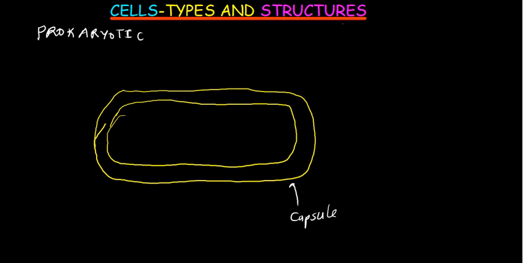And then we have a cell wall. This thick thing that we're able to see, that's the cell wall. Prokaryotic cells also have hair-like structures which enable them to move. We have a much longer hair structure which enables a prokaryotic cell to move. It can be one or there can be a lot of them, and that's called flagellum.